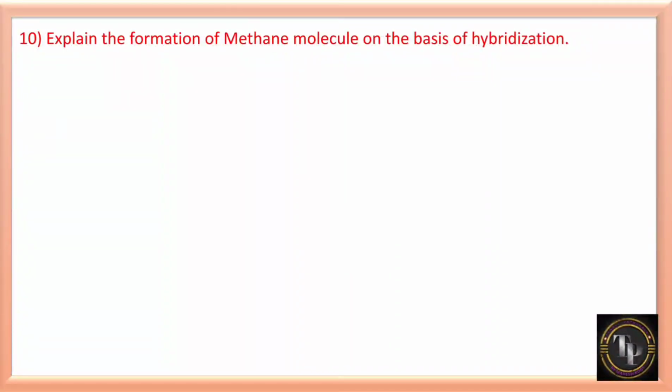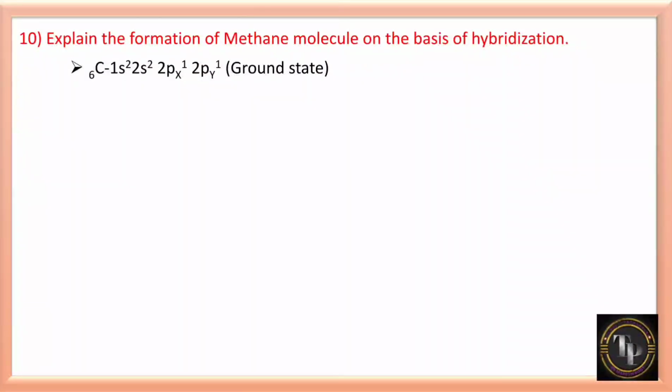Explain formation of methane molecule on the basis of hybridization. This is also a very important question, guys. Many times this is asked in the annual examination. First, we have to write the electronic configuration of carbon in both ground state as well as excited state. Carbon has atomic number 6.